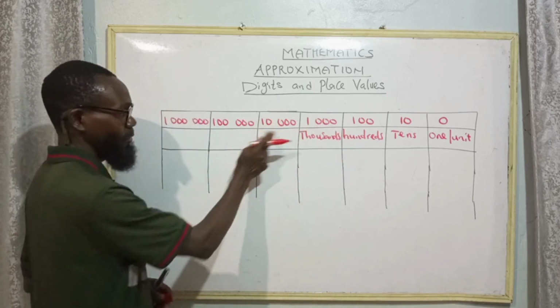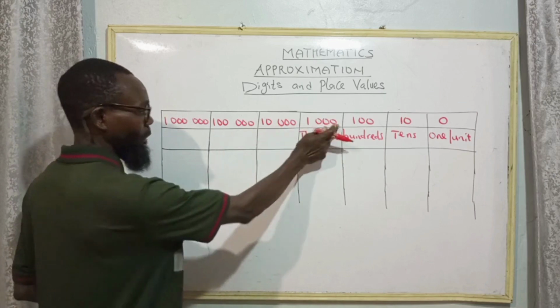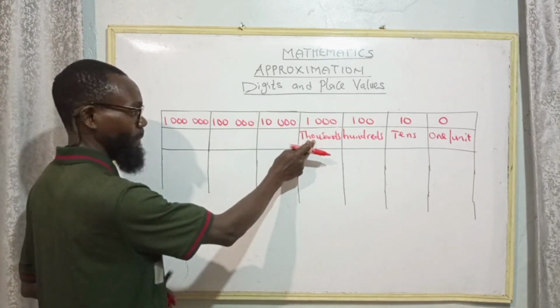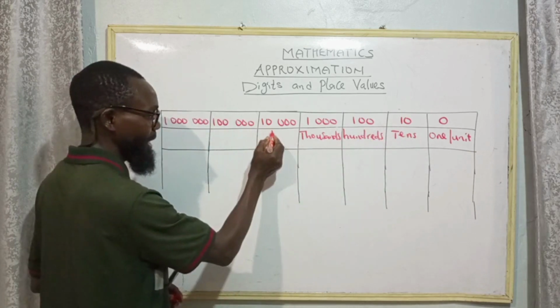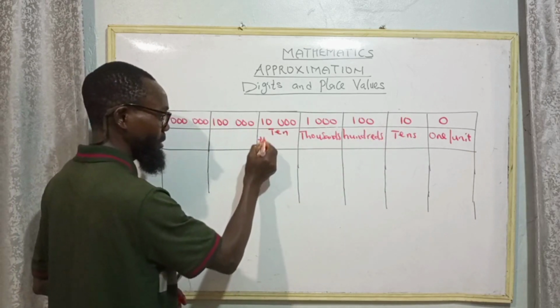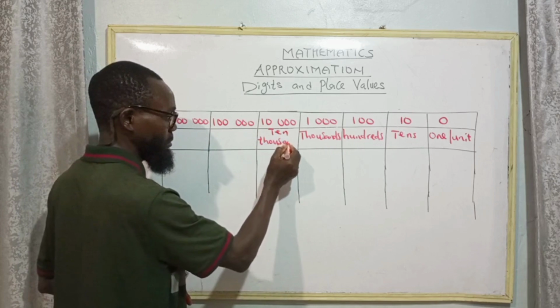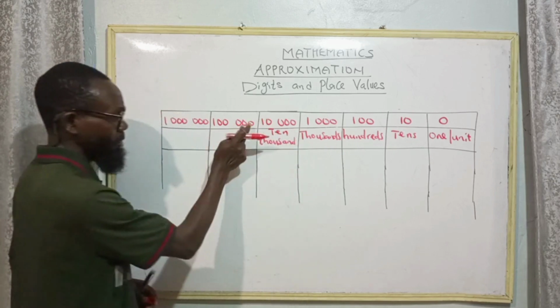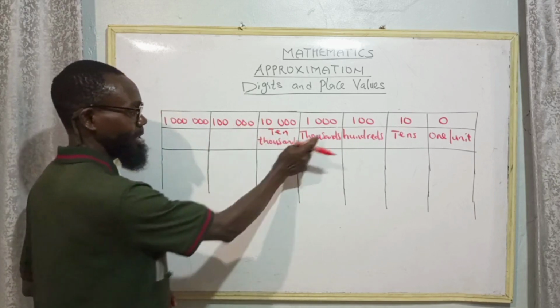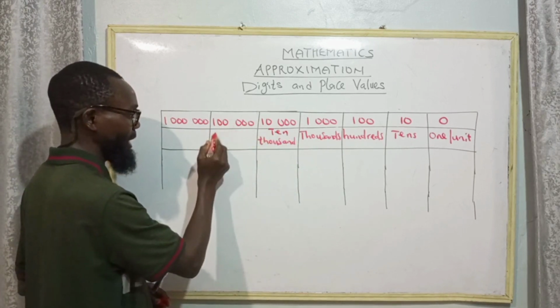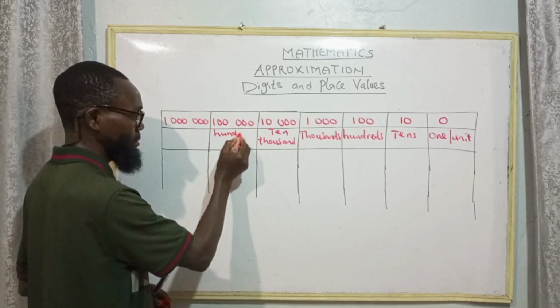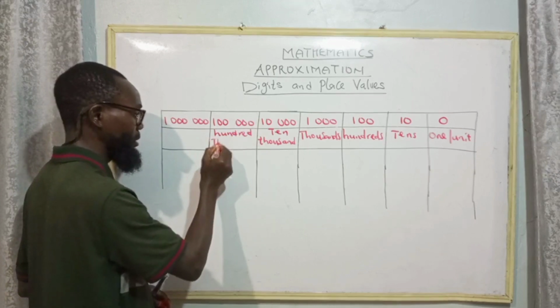Then this, we have 1, 2, 3. 1, 2, 3 is 1,000. Then 1 and 0 is 10, so this is 10,000. This 1, 2, 3, that is 1,000. 1, 2, that is 100, that's 100,000.